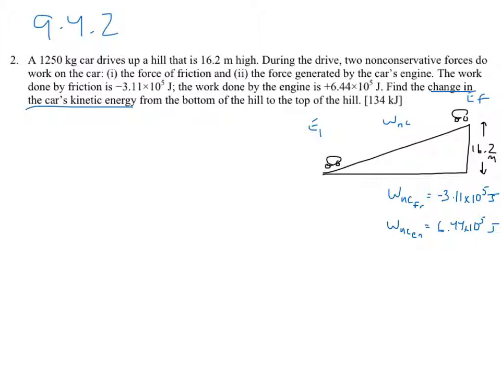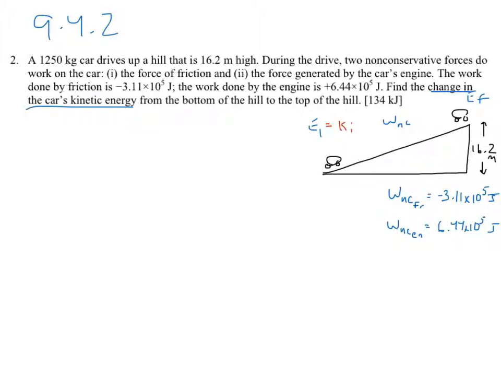Well, the best way to do this is to establish what kind of mechanical energy the car has at the top and at the bottom of the hill. Just so these stand out, I'm going to write these in red. So at the bottom of the hill, is it possible that it has kinetic energy? Sure. Kinetic initial.